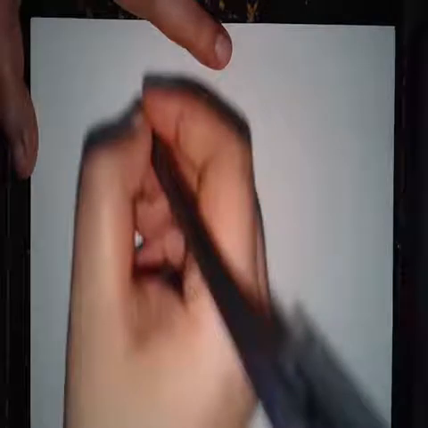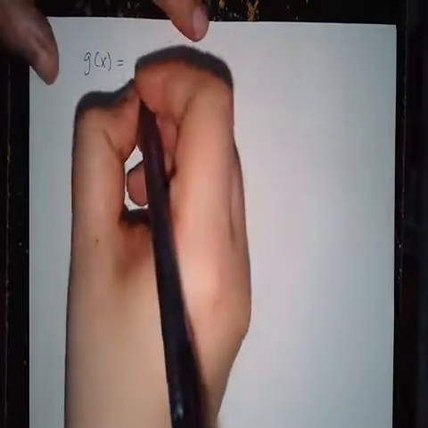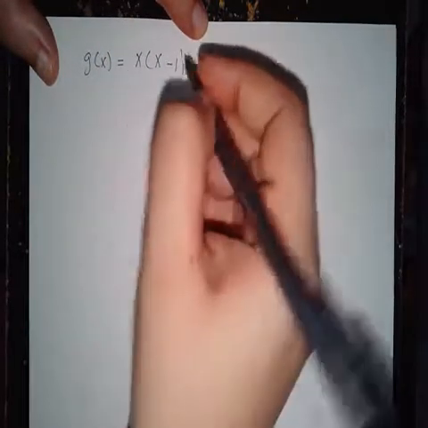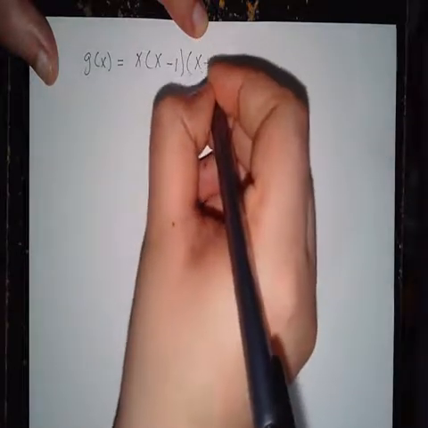So now that we know that, I want to introduce you guys to the concept of what the multiplicities really mean. The power of that multiplicity has a meaning when it comes to the function itself. So bear with me. Here is a function, g of x, and it is x times x minus 1 times x plus 3.